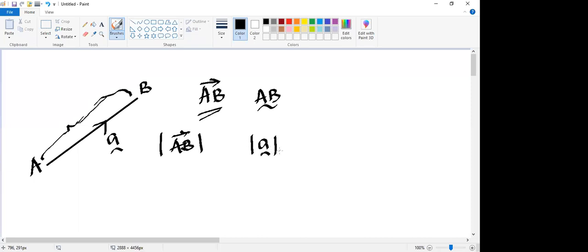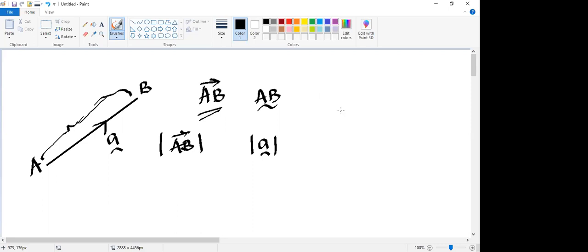So the magnitude is the length of this radius vector or this line segment from point A to point B.